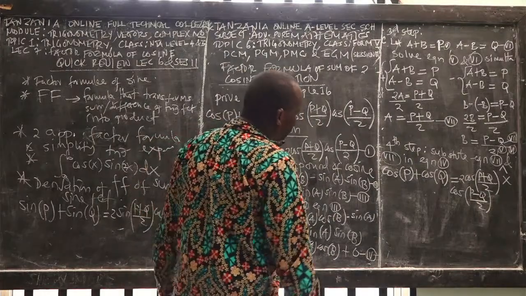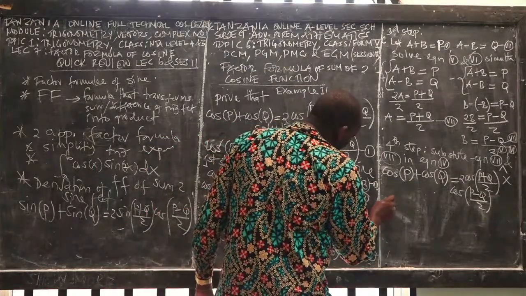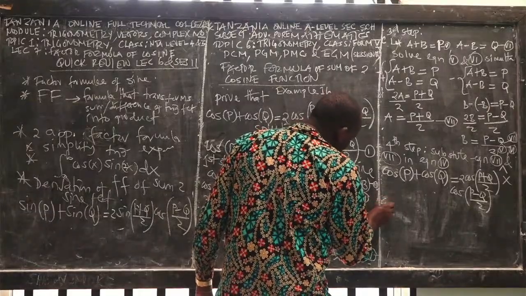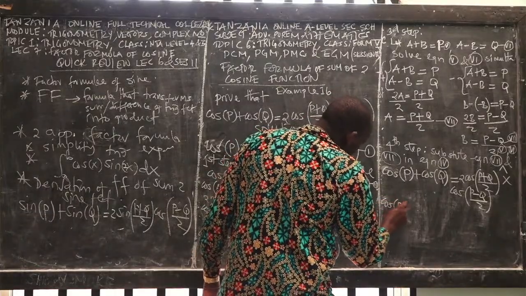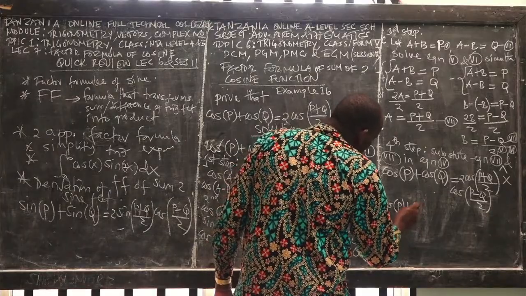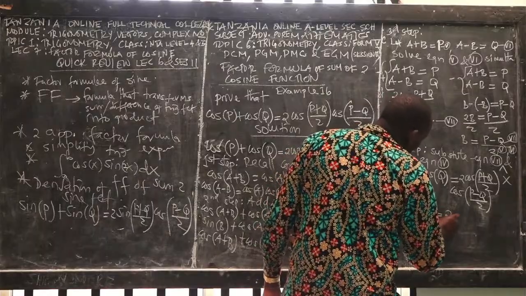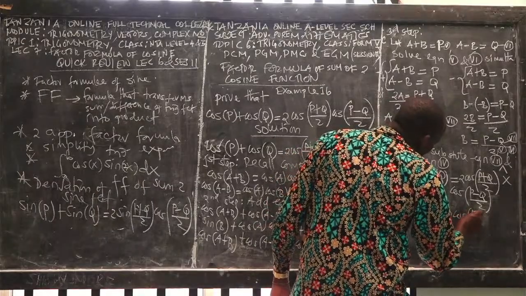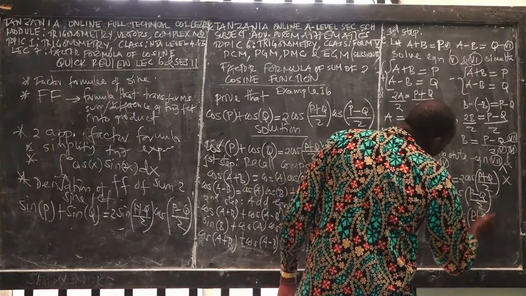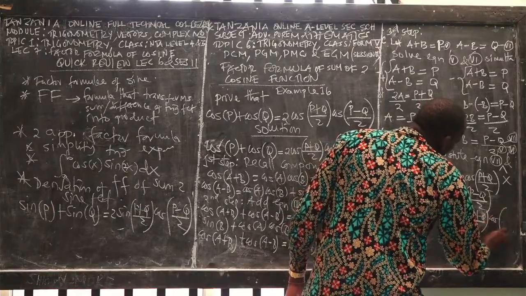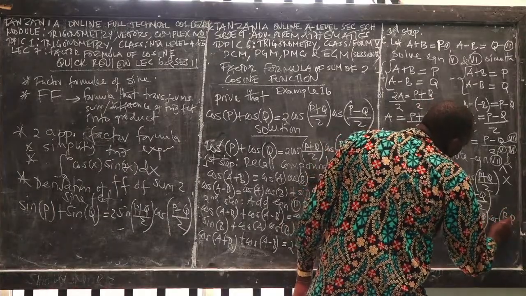So, let us write it in one line. So let us rewrite cos of P plus cos of Q is equal to 2 cos of P plus Q over 2 cos of P minus Q over 2.